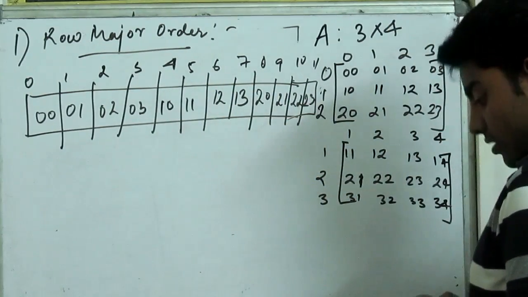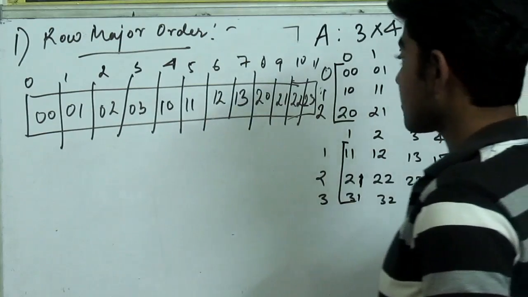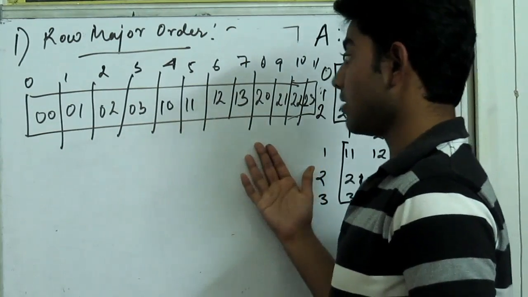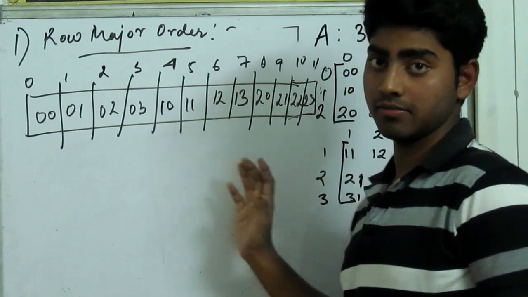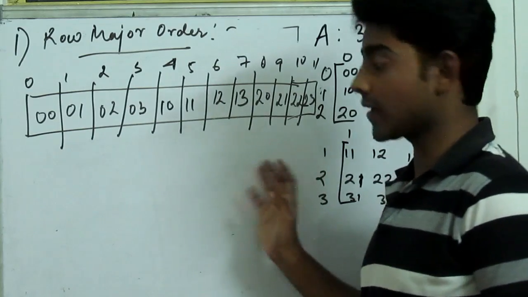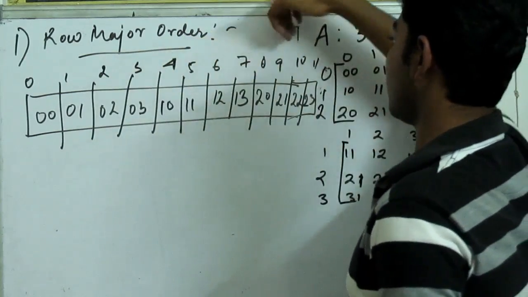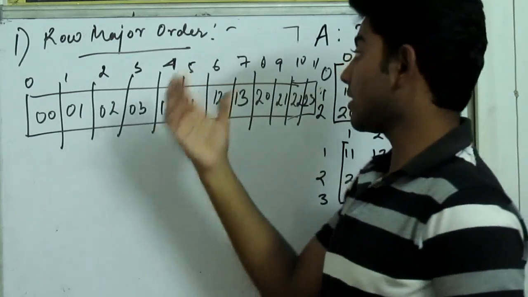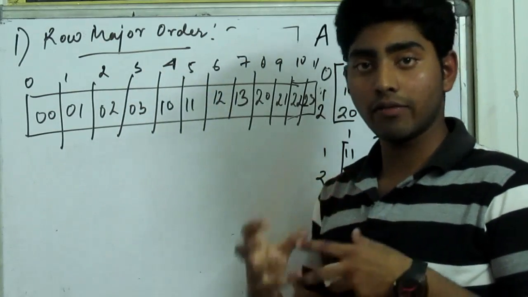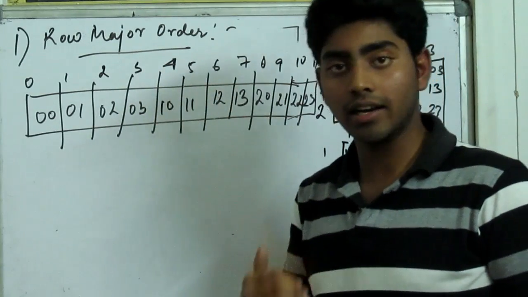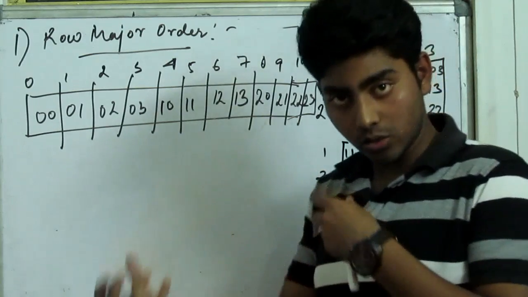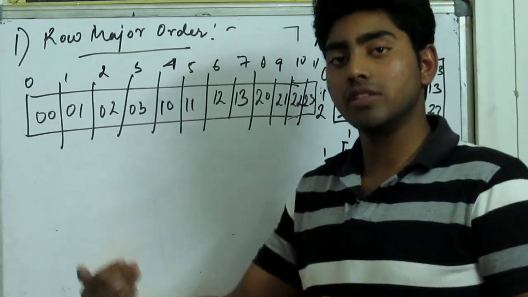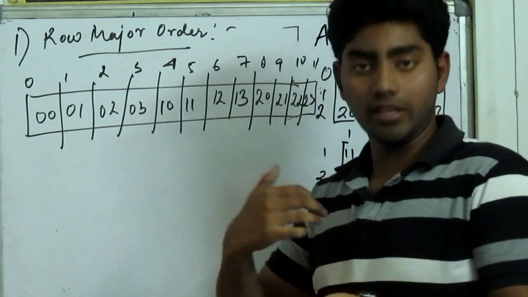Now the obvious question that comes to our mind is, if we want to access some element, what will be its address? We are concerned with the addresses. We are not concerned with the index itself, because ultimately these indices will have to be converted into a logical address, and then the logical address into a physical address by our operating system.